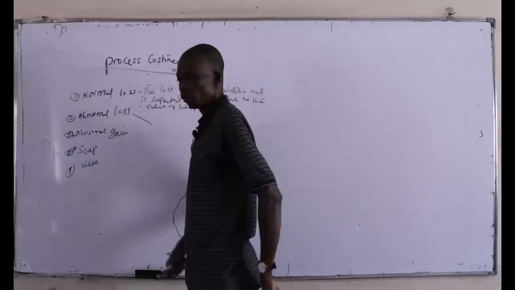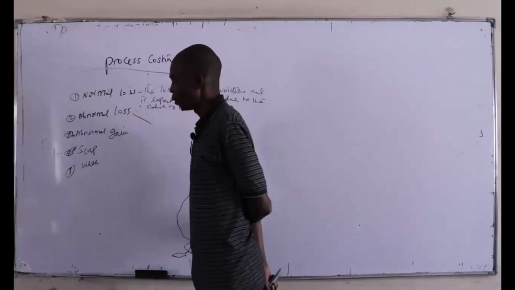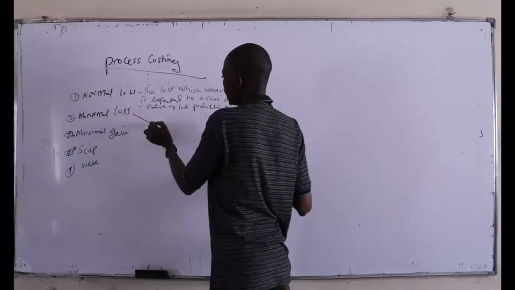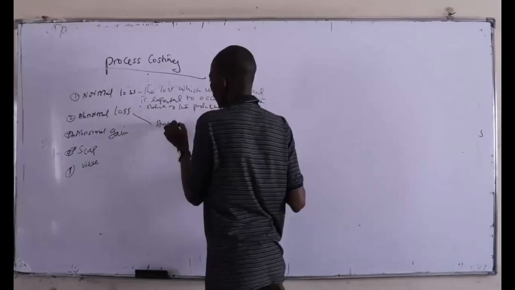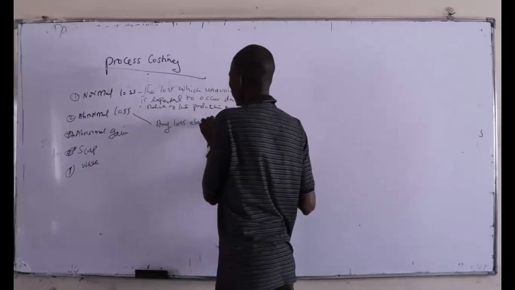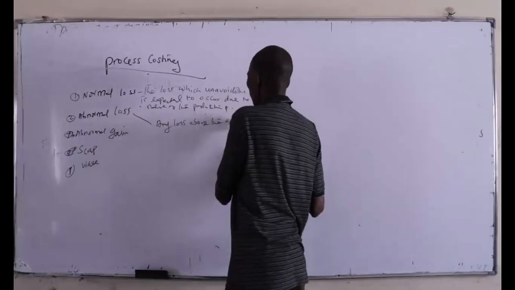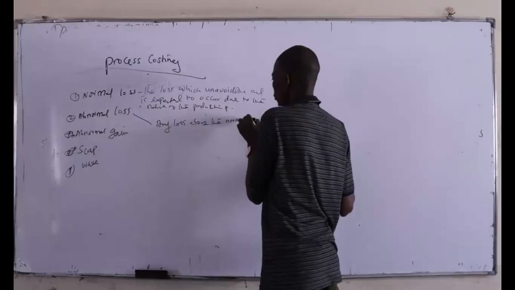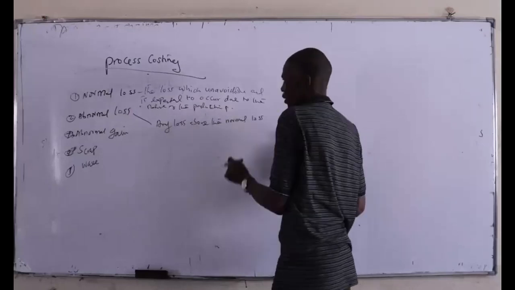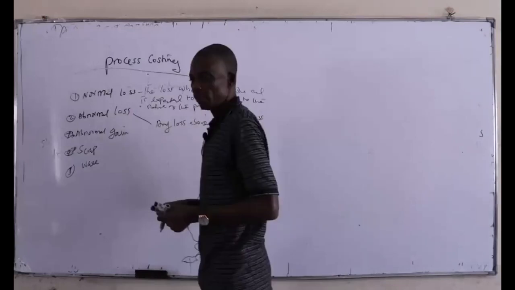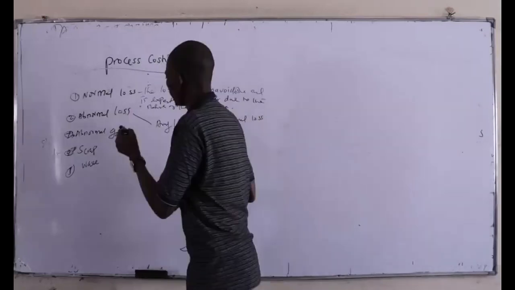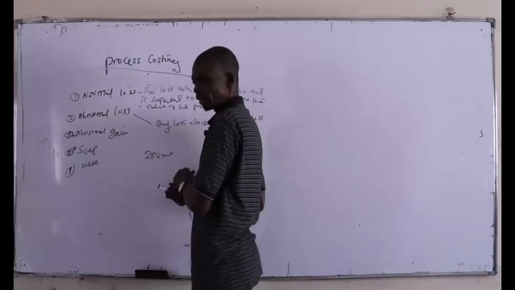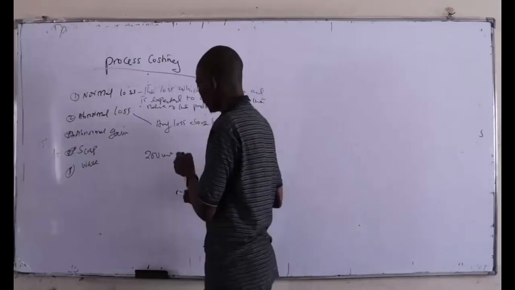So abnormal loss is the extra loss, or any loss above the normal loss. If the input were 200 units, for example, and we expect that we are going to lose 20, so we expect 180 units as output.